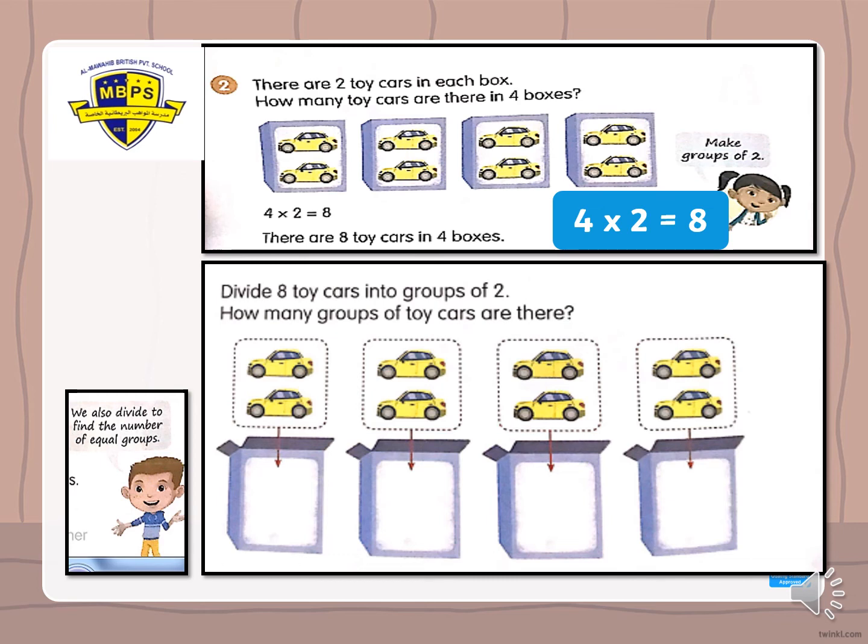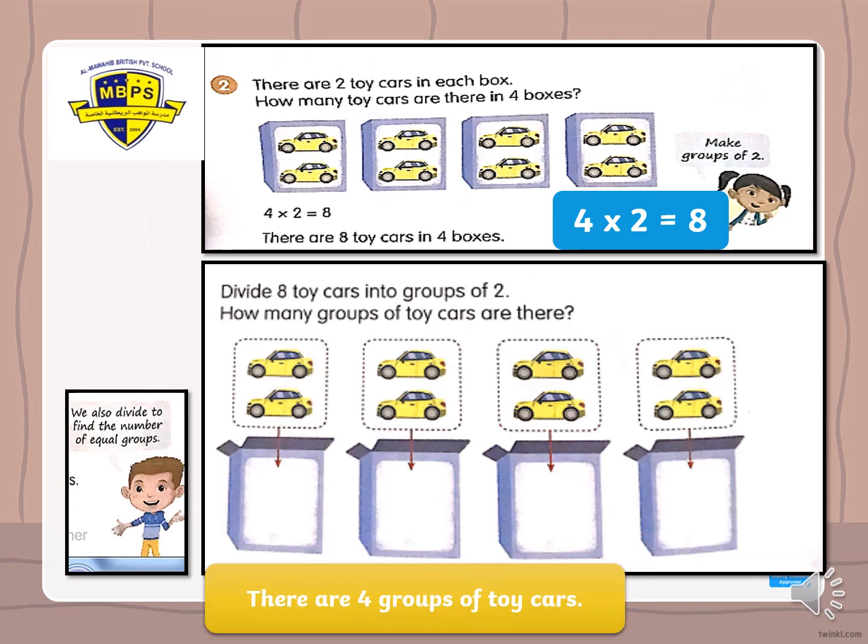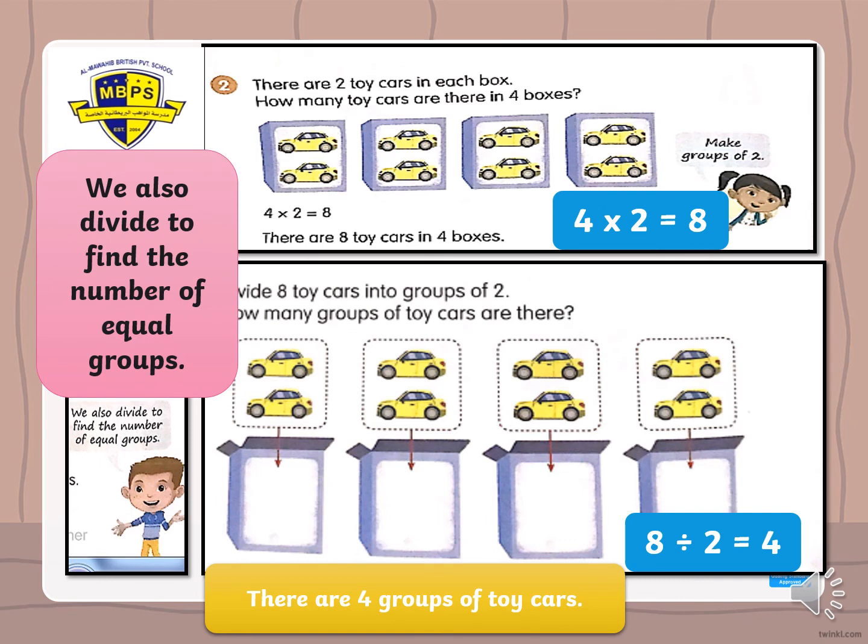So if I have 8 toy cars and I start to group them into groups of 2, I will have 4 groups of 2. So now 8 divided by 2 equal 4. So we also divide to find the number of equal groups. I grouped here the toy cars into groups of 2, then I find that I have 4 groups. That's why 8 divided by 2 equal 4.